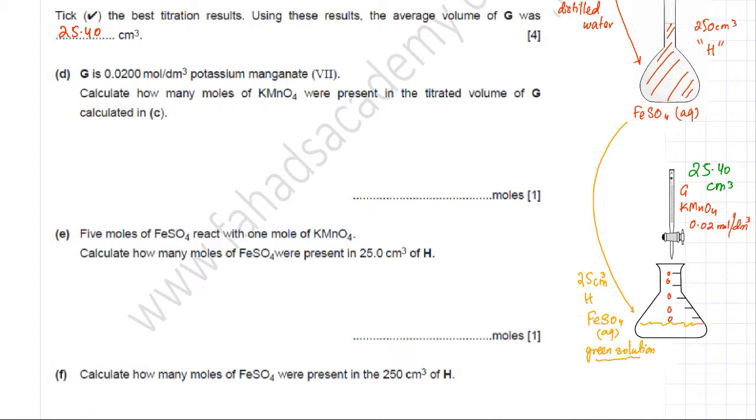Using the formula for moles in a solution, moles is equal to concentration multiplied by volume. The concentration is given as 0.02. And the volume that we calculated in the previous step, the average volume of KMnO4 being used, is 25.40 cm cube, and I need to divide that by 1000 to convert it to dm cube.